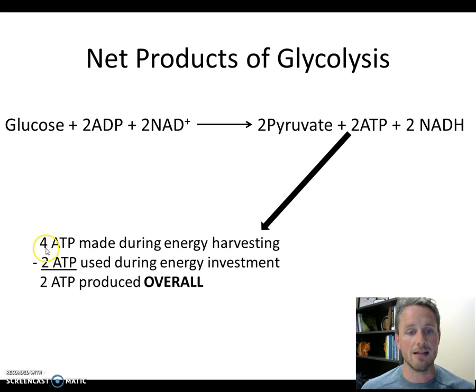So yes, we did make 4 ATP molecules during energy harvesting, but earlier we had spent 2 ATP molecules during energy investment. So overall, glycolysis produces a total of 2 ATP molecules, along with those 2 pyruvate and the 2 NADH molecules. So that's where we'll end with glycolysis.